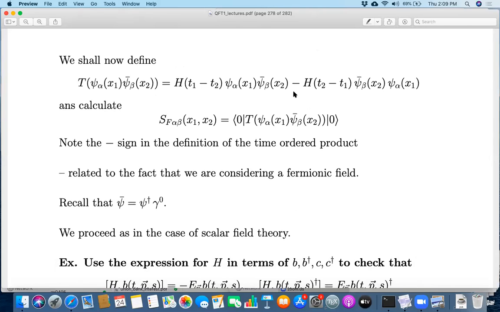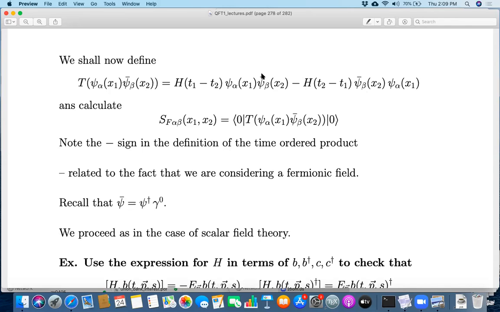So this is defined in the usual way, except for one difference, that because these fields are fermionic fields, we define the time ordered product with an extra minus sign when we switch the operators. So when t1 is larger than t2, the operators are in the order psi alpha of x1, psi bar beta of x2.